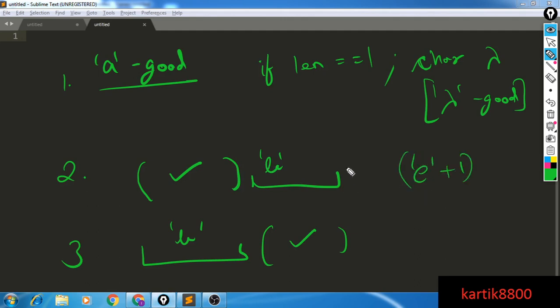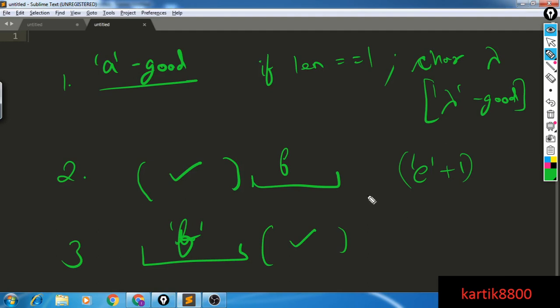And what is e plus 1? A, B, C, D, E, F. So the second half has to be an f-good string. Similarly, the other possibility is that the first half could be an f-good string and all the characters of the second half could be equal to e. That is the idea here.